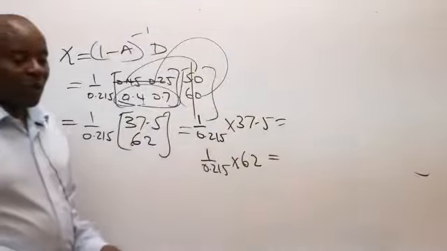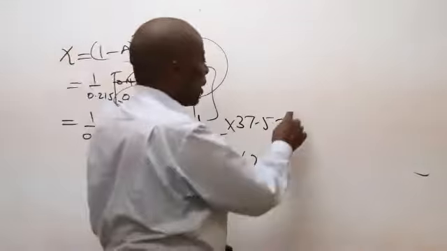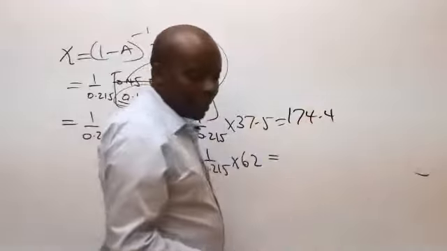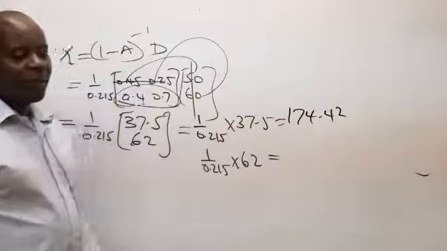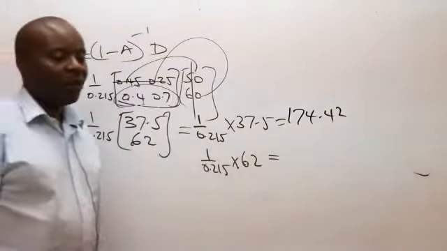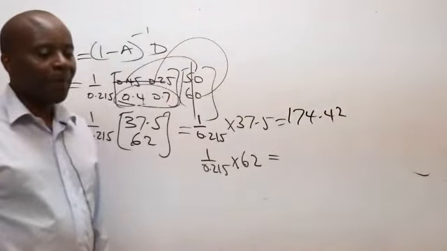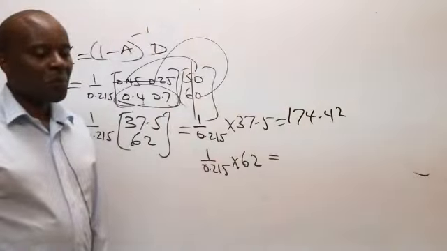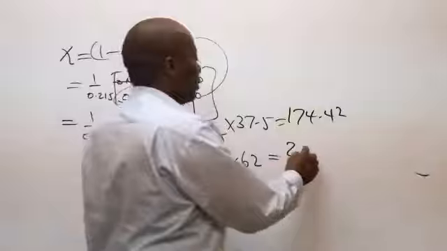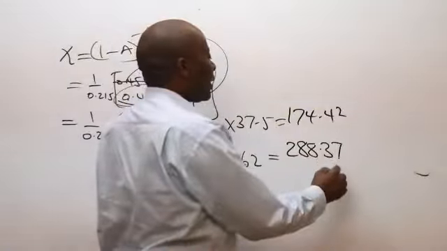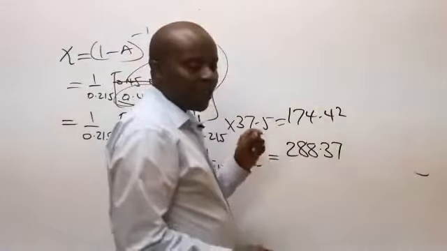According to James Areba, the first one should be 174.42, 2 decimal places, and then the second one, 288.37. So it means that for these particular sectors, there are 2 sectors.